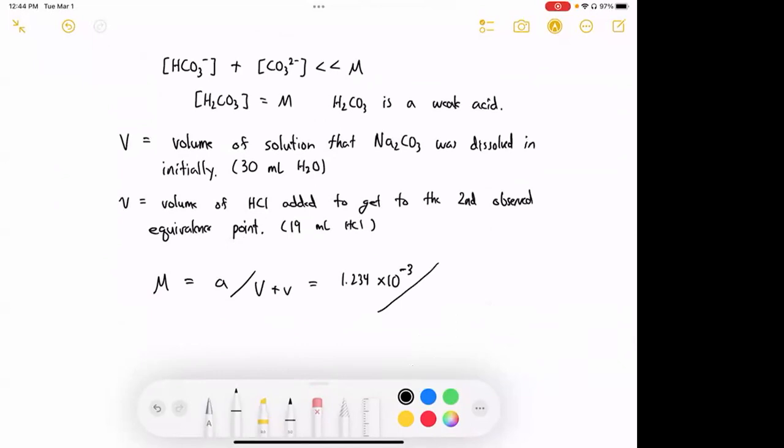divided by, so we need to find molarity, right? So this is moles of my sodium carbonate. So let's just write that a little bit neater. Moles sodium carbonate, and we need to divide by liters to get our molarity in units of moles per liter.